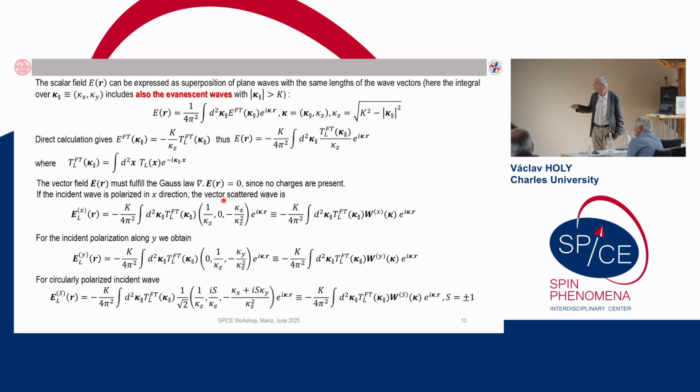And from that, it follows that depending on the polarization of the incident wave, we can write the wave behind the zone plate using this expression, which is again a Fourier integral with the Fourier transformation of the transmittivity of the zone plate times some vector function. And the vector function depends on the polarization of the incoming wave.